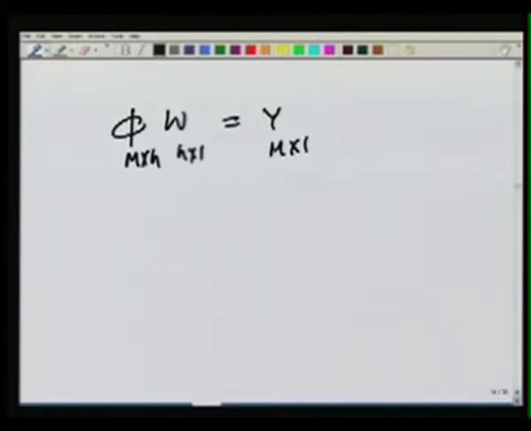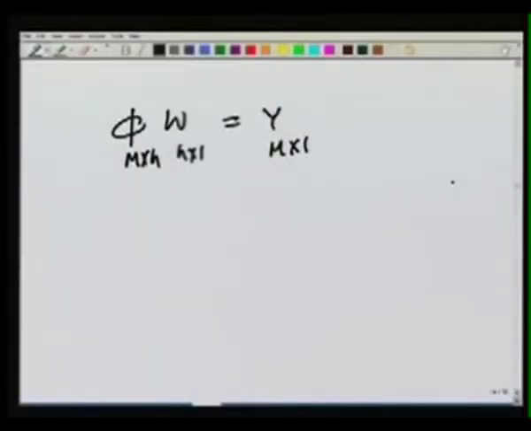Obviously, since this is not a square matrix, we can't invert it. The solution is very easy to find when phi is a square matrix and invertible. But when it is not a square matrix, what can we do? We use the pseudo inverse technique. What is pseudo inverse?